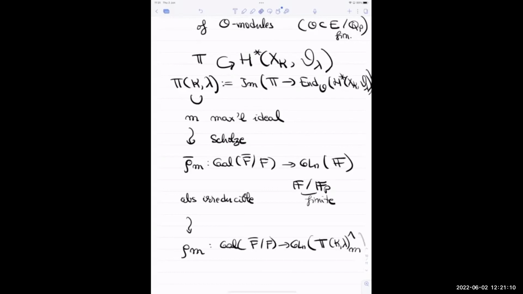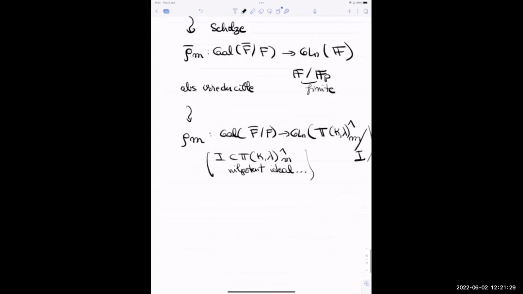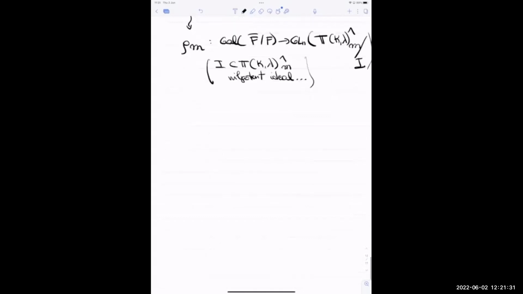And to be precise, we only know this up to some nilpotent ideal. But this isn't very important, so I won't talk about it much. It's not very important for what we're doing, for trying to prove a modularity lifting theorem.